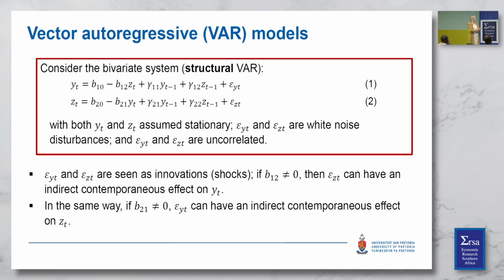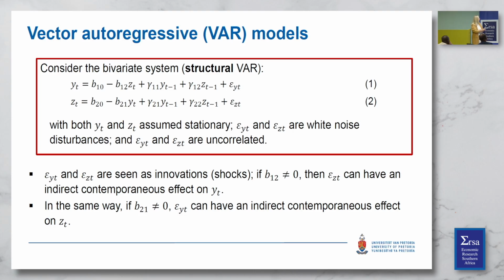If that parameter is not 0, then a shock to Z will obviously cause a change here, which will then affect Y. So if that is 0, a shock to Z will not contemporaneously affect Y in the same period.